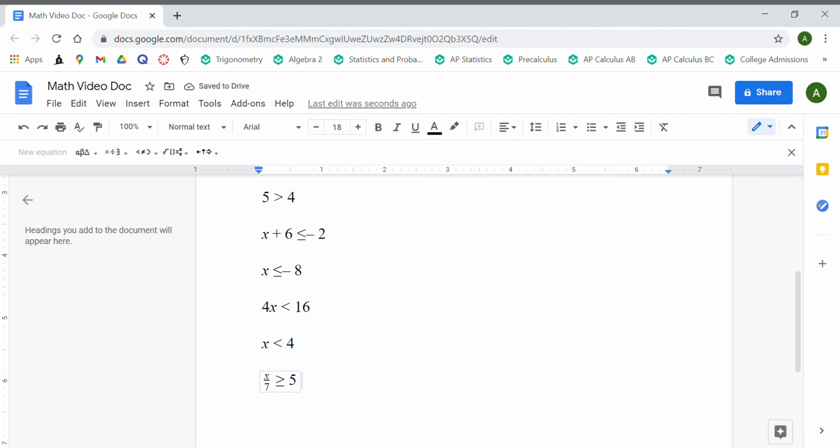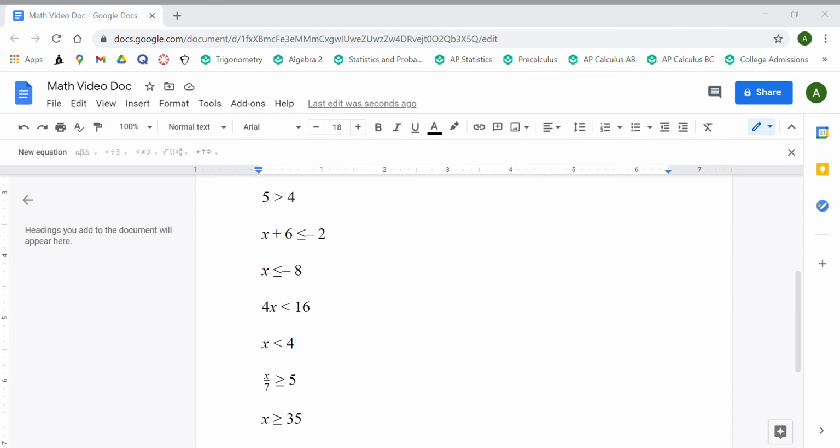So go ahead, work this out, give me the solution set, and then graph it. Okay, so hopefully you understand that you need to multiply each side by 7. 5 times 7 should give you 35. Excellent.